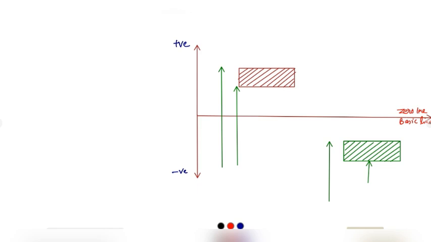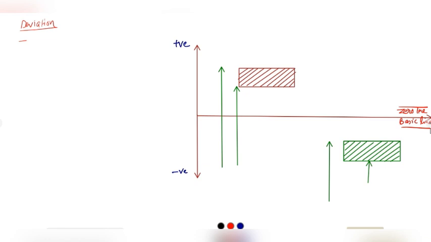Now the next terminology which comes in limits, fits and tolerances is deviation. What is deviation? Deviation is the algebraic difference between a size and the corresponding basic size. Suppose this is the zero line or basic line.